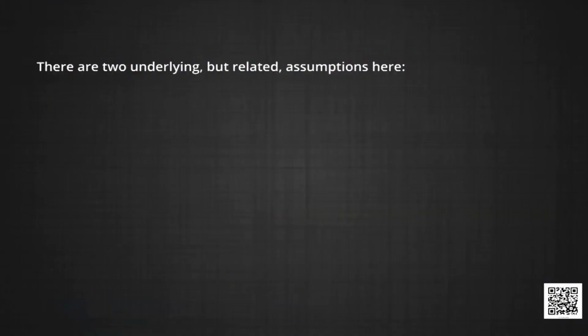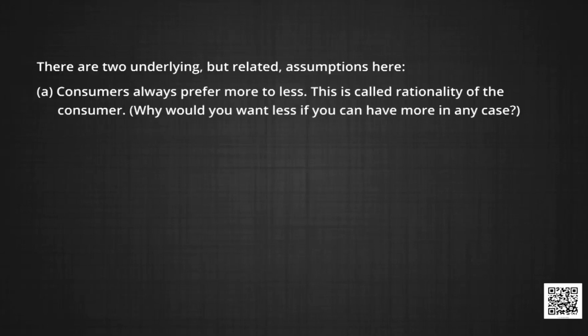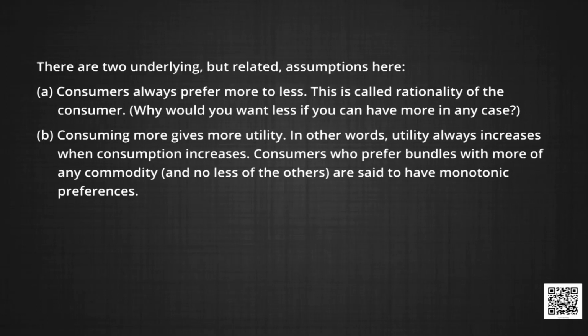Here, there are two underlying but related assumptions. A. Consumers always prefer more to less. This is called rationality of the consumer. Why would you want less if you can have more in any case? B. The second assumption is that consuming more gives me more utility.